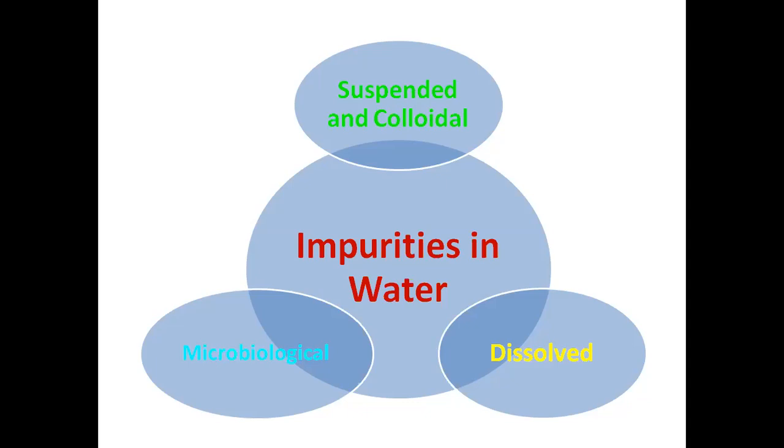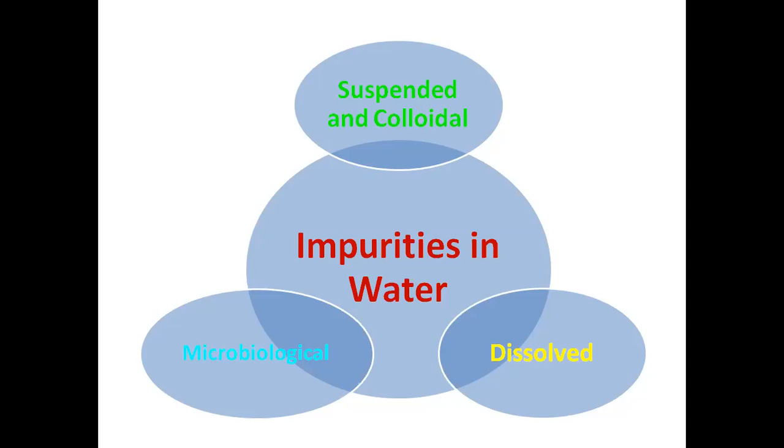Sometimes we may not say it's micro size, because generally some impurities will have a size larger than micrometers, and sometimes some microbiological impurities will have a size less than micrometers. So let's call them biological impurities, and then dissolved solids are there. Collectively, these are the various impurities.